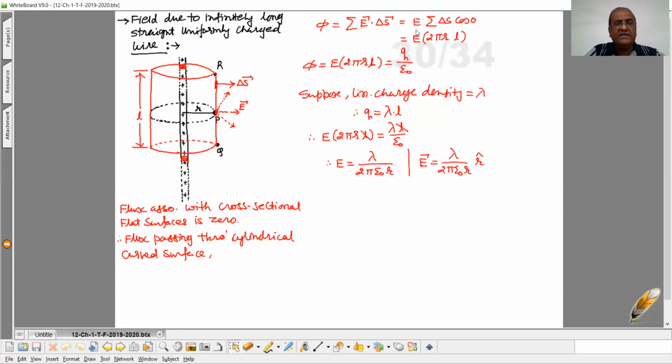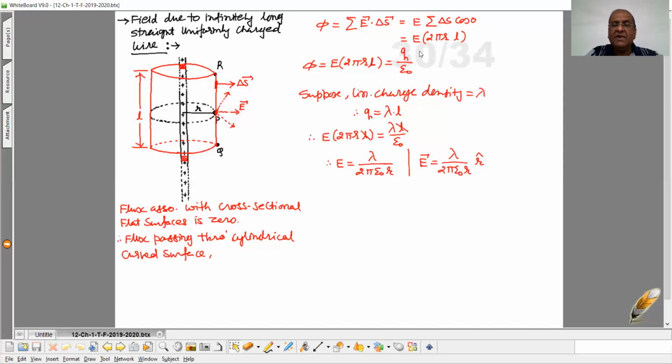Now E is the same at each and every point on that cylindrical curved surface, because each and every point on the cylindrical curved surface is at the same perpendicular distance r from the infinitely long wire. So E sigma delta S cos theta, theta is 0, so here we can write cos 0.